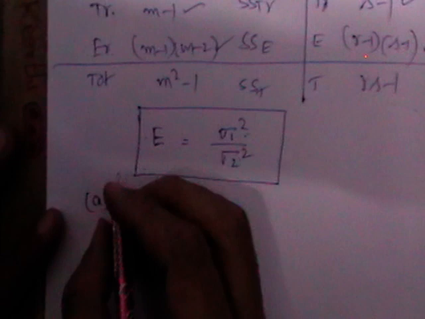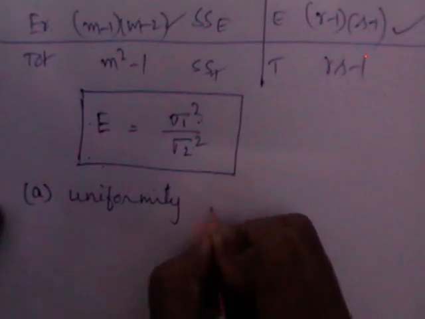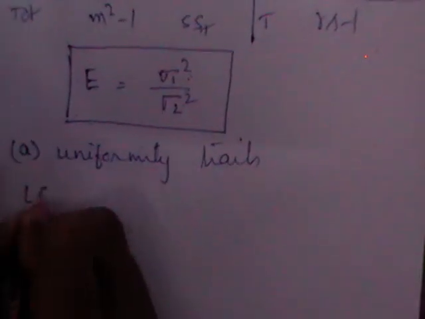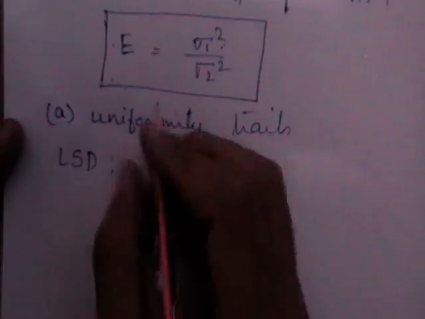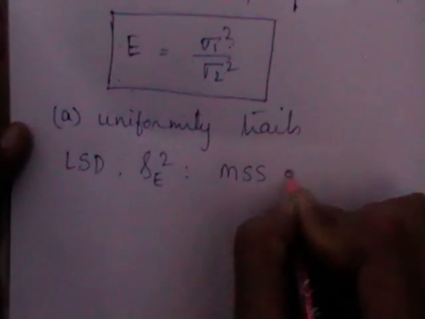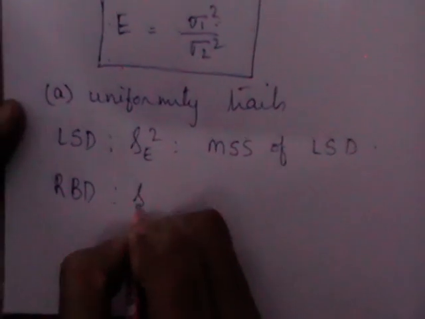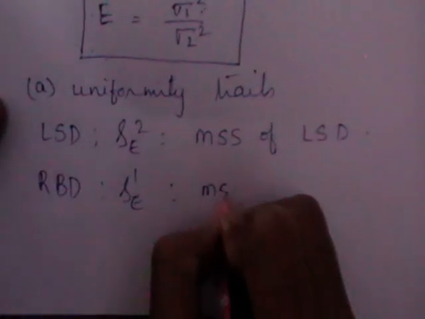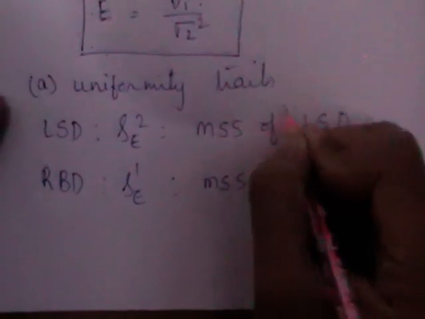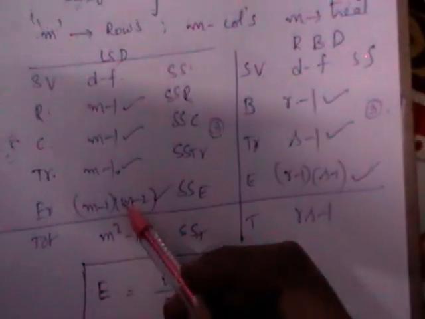So before finding the efficiency, using the uniformity of the trials, for the LSD design, let us say that SE square is the mean square error of the design LSD. Under RBD, let SE dash square be the mean square error in RBD. Now let us club these treatments with error degrees of freedom.